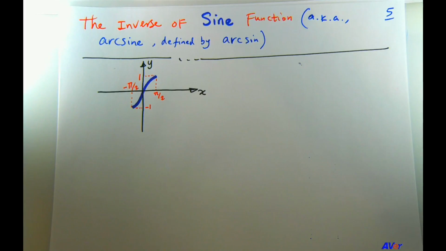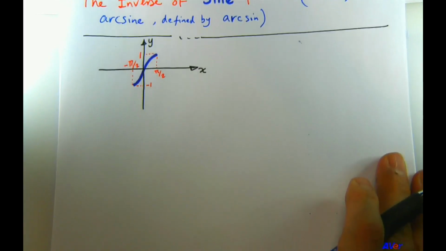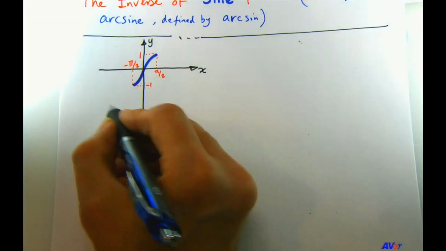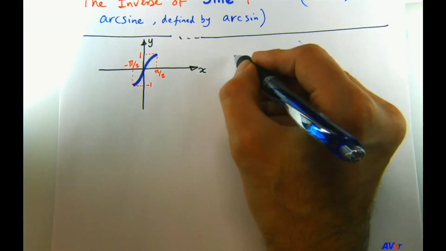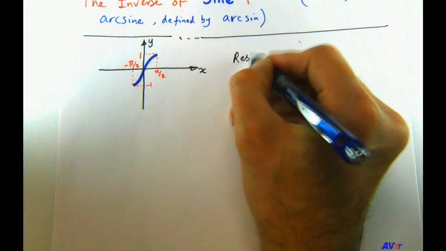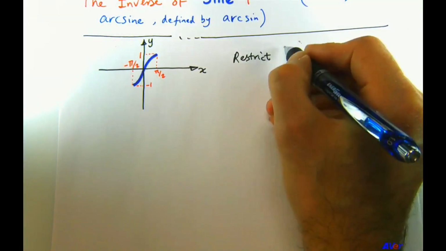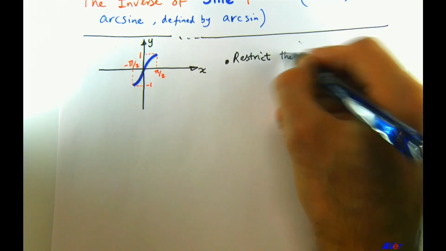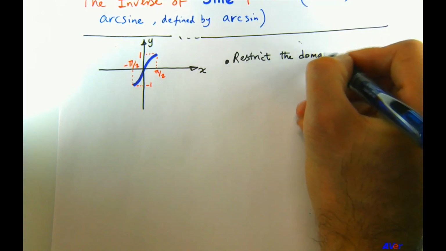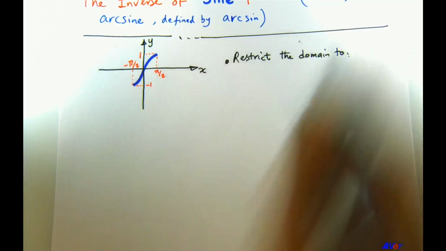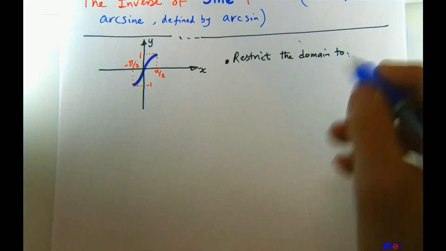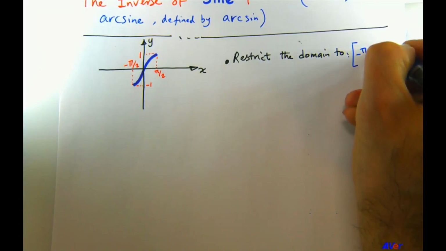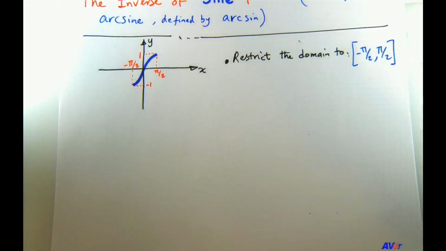So we decided to restrict the domain to this bracket negative pi over 2 comma pi over 2 bracket.